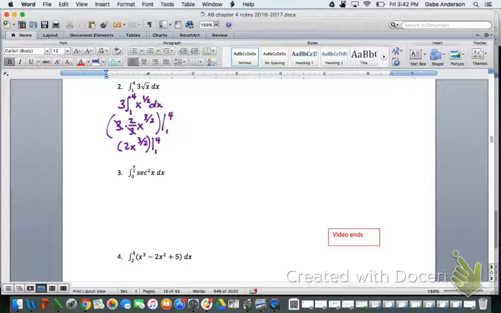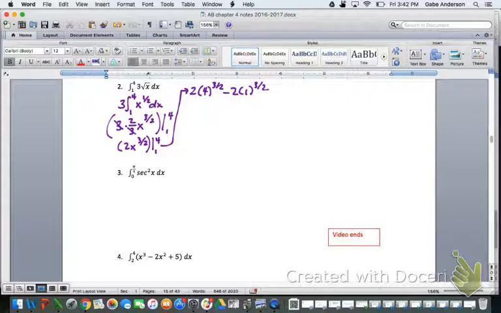To finish off with fundamental theorem of calculus part 1, I'm going to evaluate at the 4 and evaluate at the 1 and subtract. So it's going to be 2 times 4 to the 3/2 minus 2 times 1 to the 3/2. Take your time here. Make sure that you know how to do the 4 to the 3/2. Essentially the denominator, which is a 2, gives you the root that you're supposed to use.